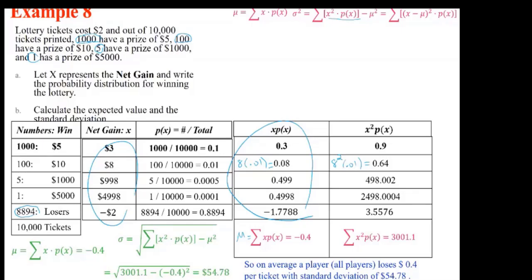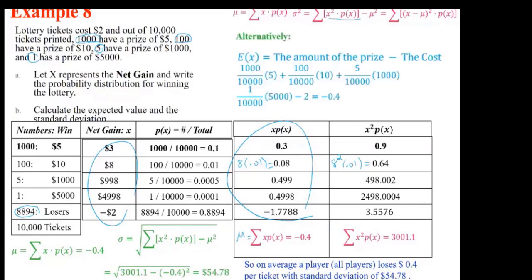Even car insurance or health insurance is calculated using this concept of expected value. We could use a different method, and I'm going to mention it in this case, to calculate this, but it is not as detailed as this one for the expected value, variance, and standard deviation. But at the very least, the cost is $2. But what is the amount of prize? The amount of prize is 1,000 divided by 10,000 times 5 for $5 winners. That's why you multiply it by 5.